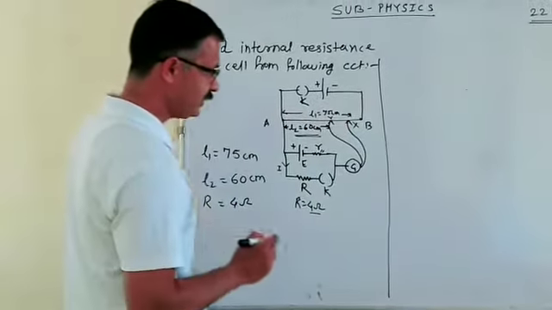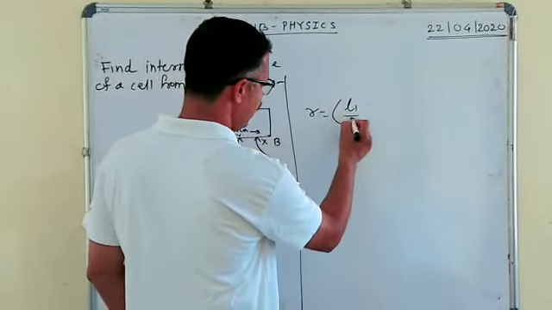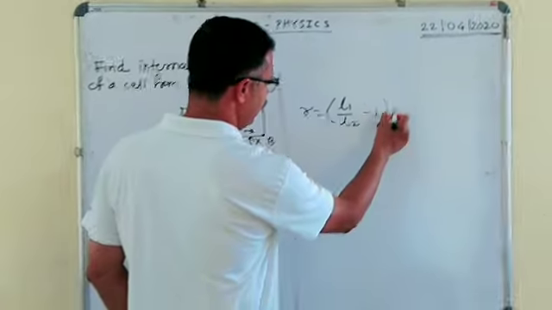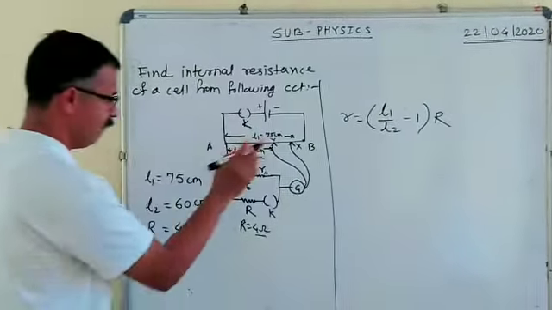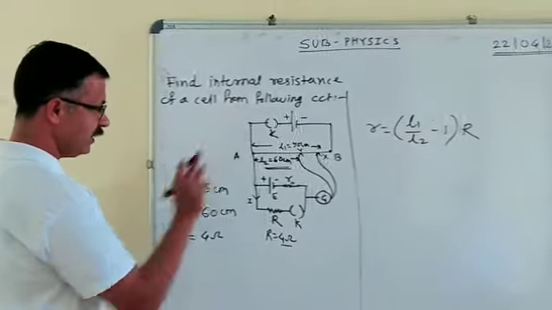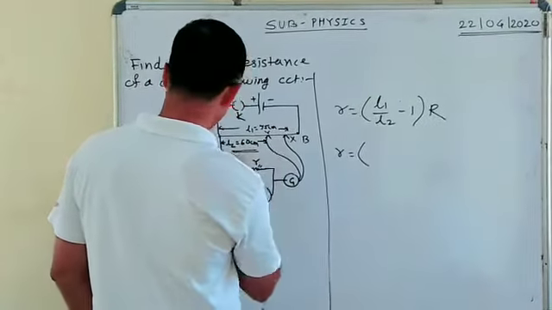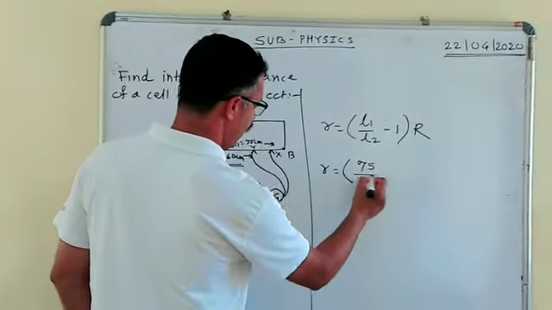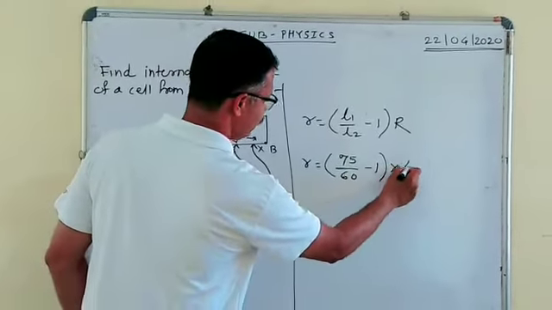As we discussed, internal resistance is given by the equation r is equal to (L1 upon L2 minus 1) into R. Here we put the values of L1, L2 and the external resistance R, so r is equal to (75 upon 60 minus 1) into 4.